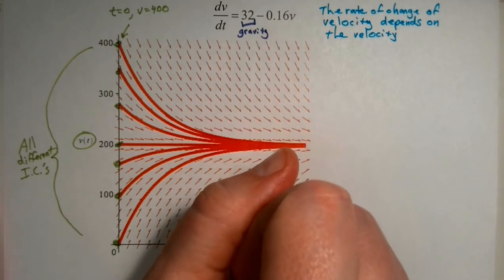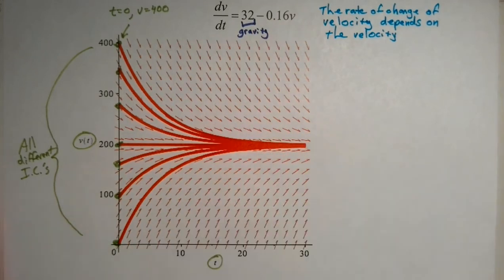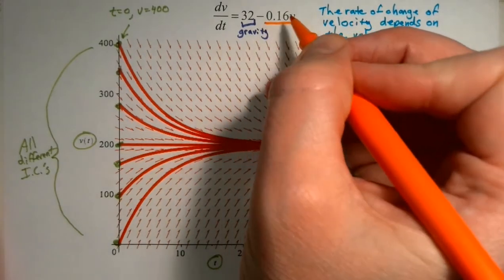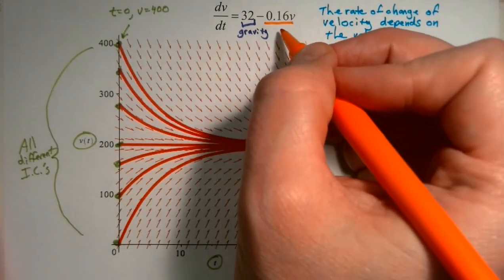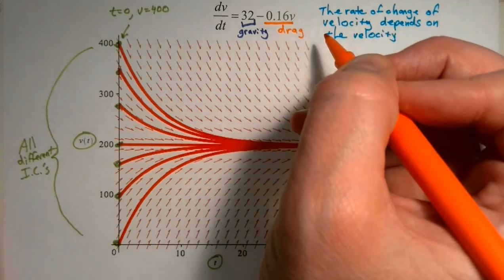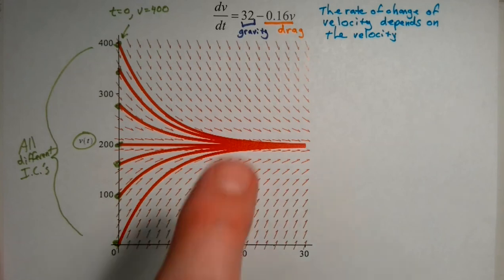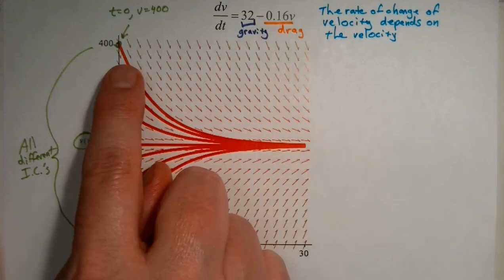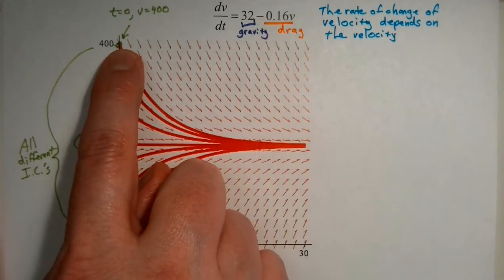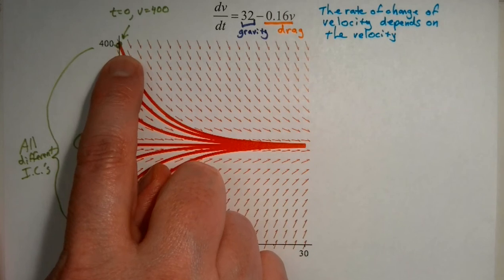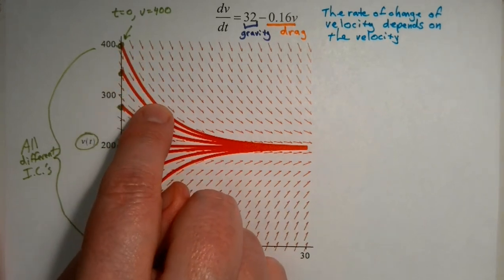So what you're actually seeing is a second term right here that's pulling in the opposite direction of gravity, and that's called drag, or viscosity if you want to get fancy about it. But most of us think about air resistance when we toss objects around, right? If you crumple up a piece of paper and throw it, you have to think about air resistance, and that's exactly what this term does. And that's why if you start with a velocity of 400 feet per second straight downward, your velocity actually decreases over time.